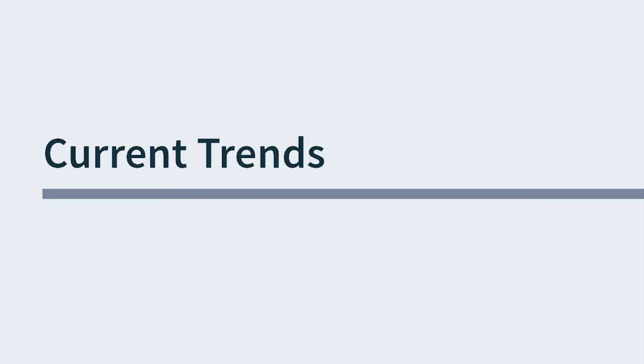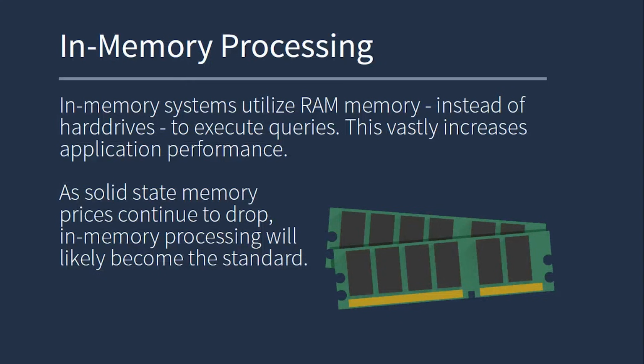Which brings us to the current trends. One of the big ones right now is in-memory processing. In-memory processing uses RAM memory, solid-state memory, instead of traditional hard drives or spinning disks to execute search queries. RAM memory is a lot faster, and this vastly increases application performance.